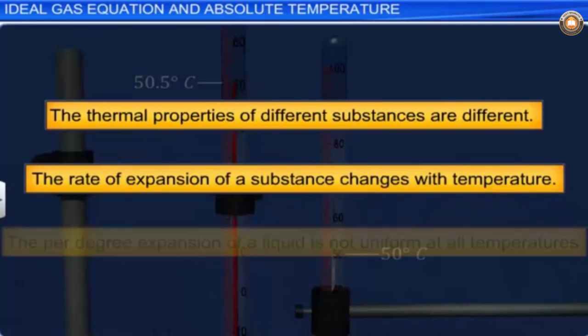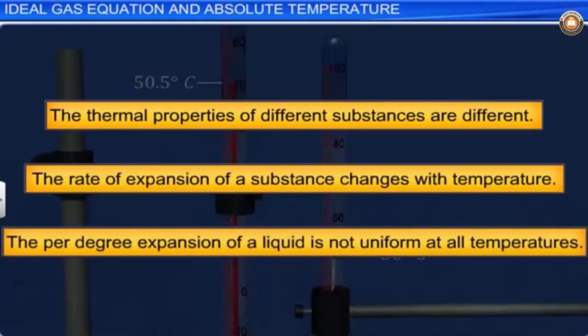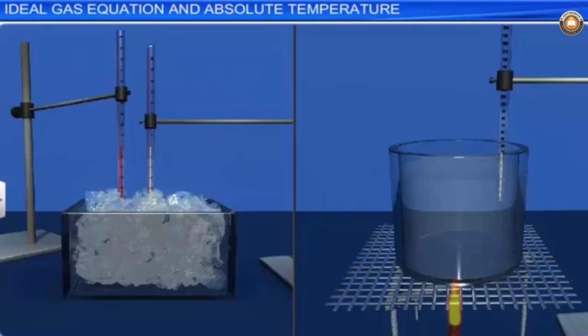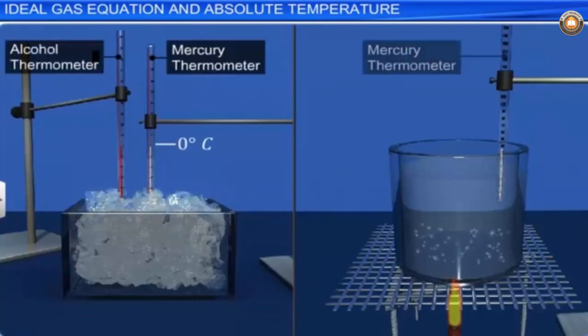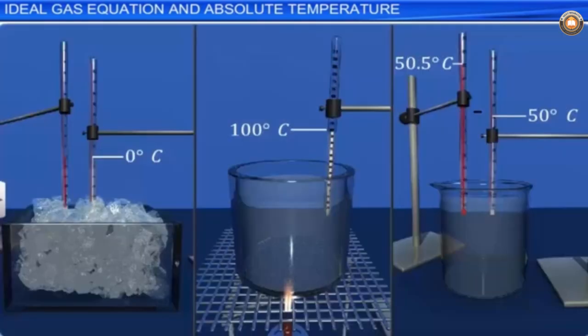That means the per degree expansion of a liquid is not uniform at all temperatures. The readings shown by different thermometers may coincide at calibration points, but may vary at other temperatures. Due to this, these thermometers are of no use when accurate measurement of temperature is needed.